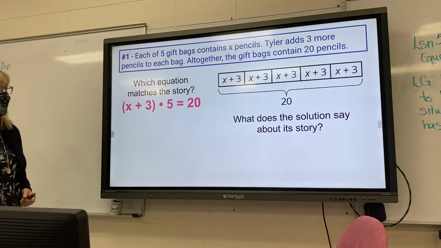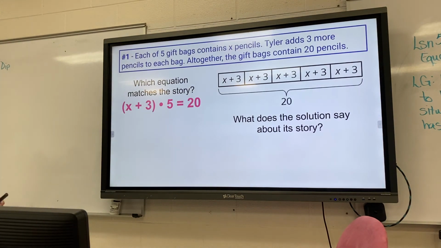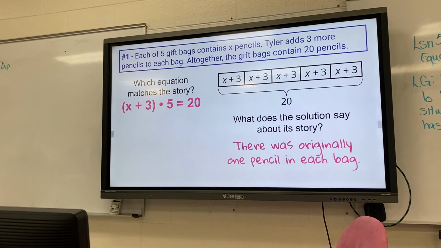Excellent. Because x represents the original number of pencils in the bag, doesn't it? It's important that you tell me before he put in the 3 pencils, he initially had 1 pencil in the bag. You can't just say 1 pencil. That's not telling me the whole story. You have to tell me when.